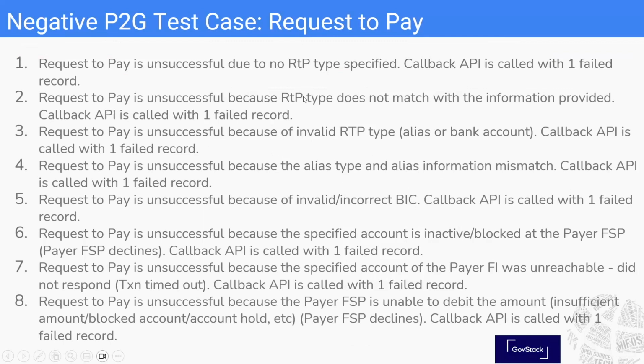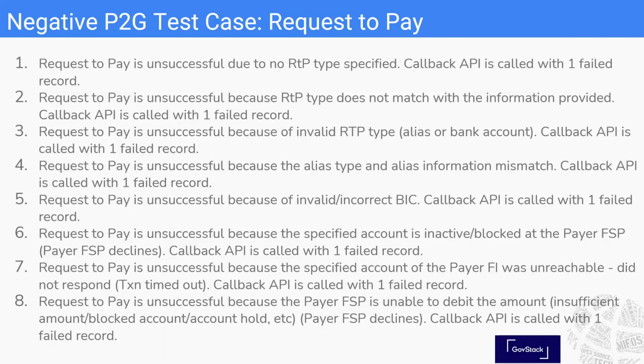Some of the negative test cases, again, there are lots of them we have listed down, but some of them could be, for example, the biller or FSP sends an incorrect BIC, sends an incorrect bill account lookup, or an incorrect alias that is not configured in the system. It does not send the API in the correct format.